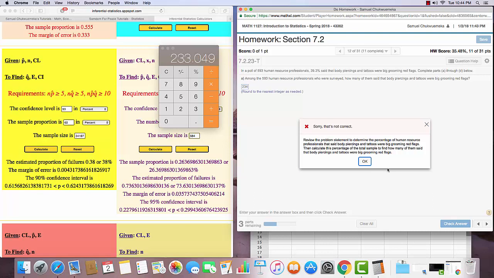You can't have half a human when you're rounding to an integer. This is human beings. Even if it's 0.001, we have to count it as a human, because you can't be breaking human beings.